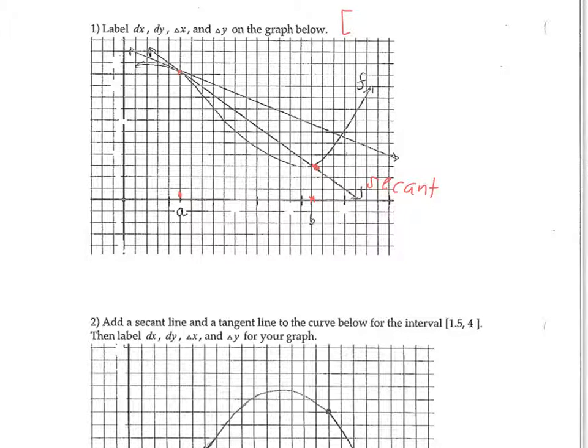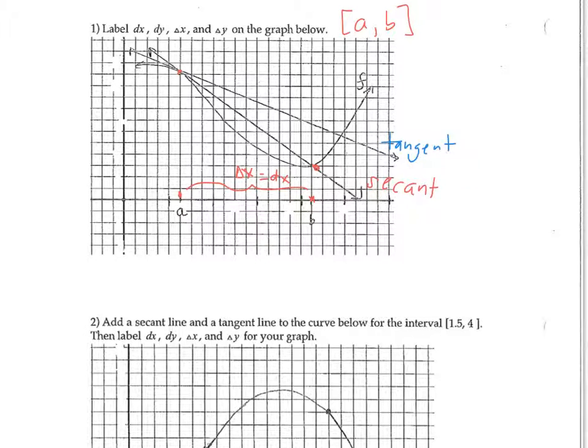So really we're being asked to take a look at this interval from A to B. This distance right here from A to B would be represented by delta x, which is the same as dx. So that's our secant line in blue. I'm going to highlight this line right here, and it is our tangent line. All right, so this is our tangent.